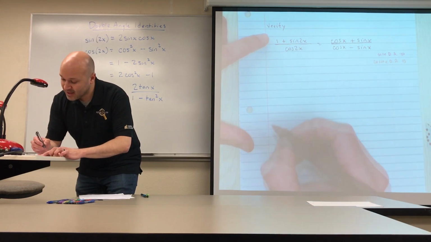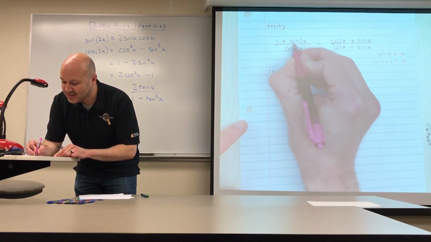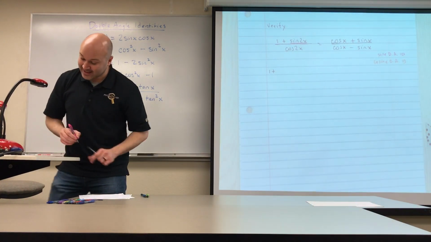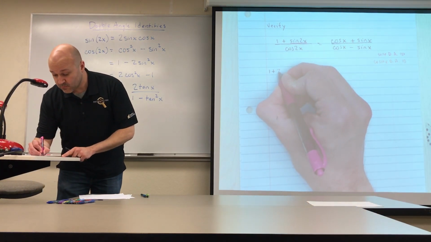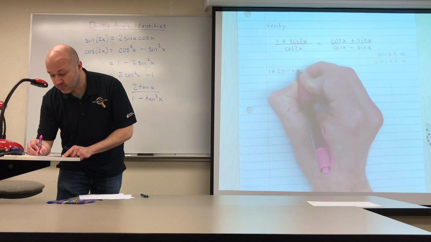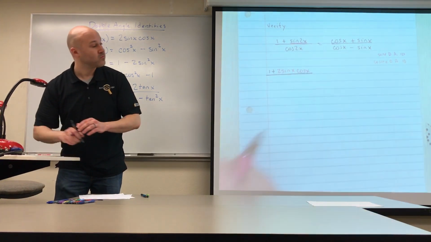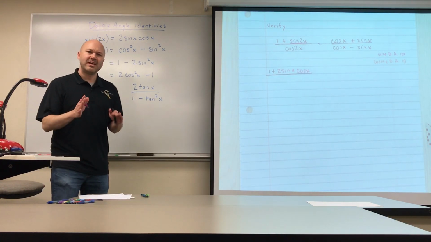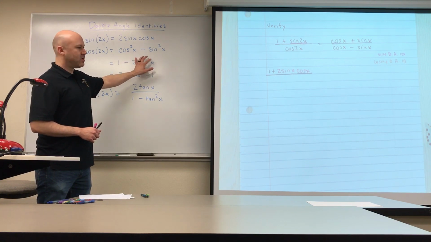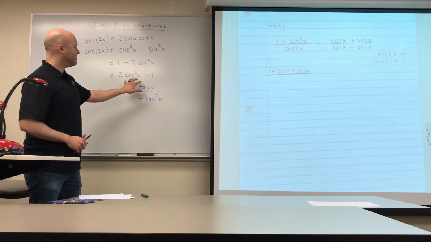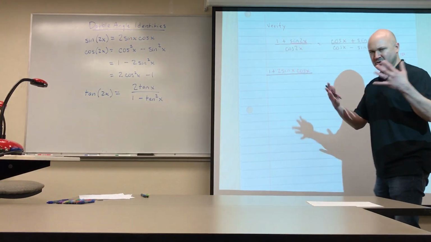So up top, I've got my 1 plus, but I'm rewriting sine double angle as 2 sine x cosine x. Down below, I've got 3 options to work with: cosine squared and sine squared, only sines, and only cosines. I'm going to look to the right-hand side as my muse.